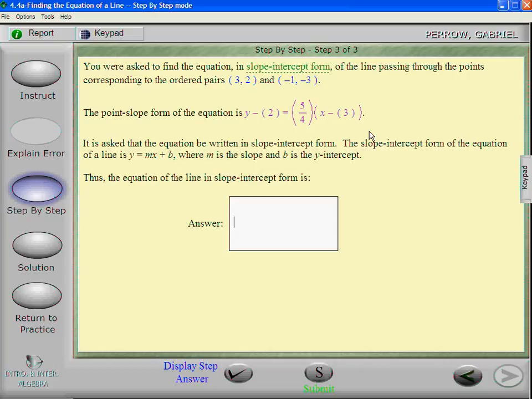So I'm going to have 5x over 4, or 5/4 x is another way to say it, 5 over 4 times x, take away 7 over 4. That's the way they want you to do this. They want you to say y equals the m part, which is that slope of 5/4, and then there's an x that follows that, and then there's the b value, take away fraction 7/4. And that's it.